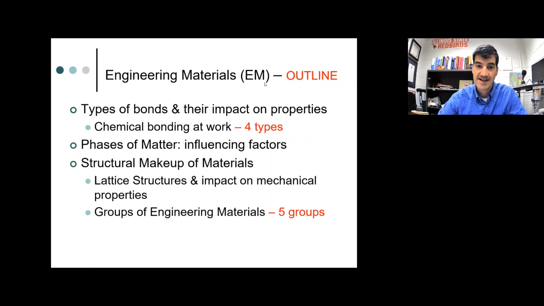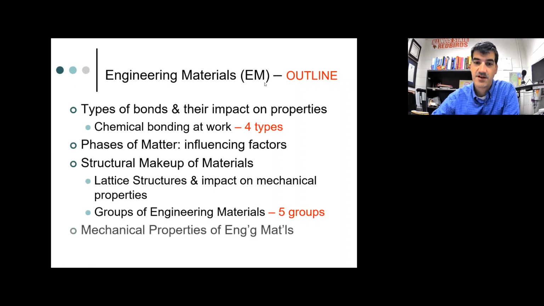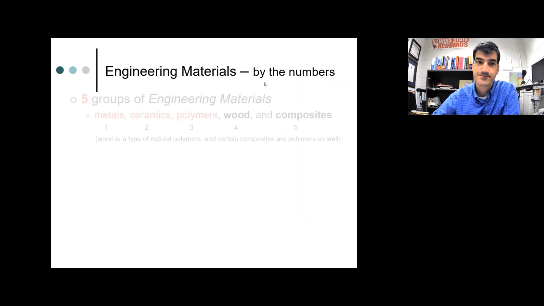We've talked about lattice structures and their mechanical properties. And what that leaves us with is our 5 groups of engineering materials, which I mentioned a few days ago when we started talking about materials science, but I said we'd come back to it. And that's what we're coming back to today. 5 different groups of engineering materials and their mechanical properties.